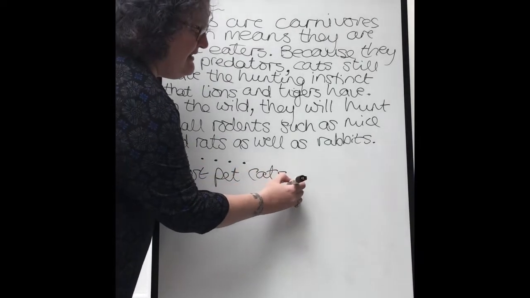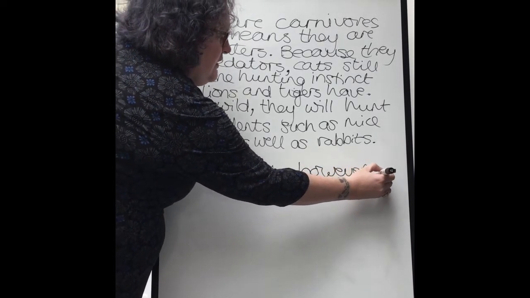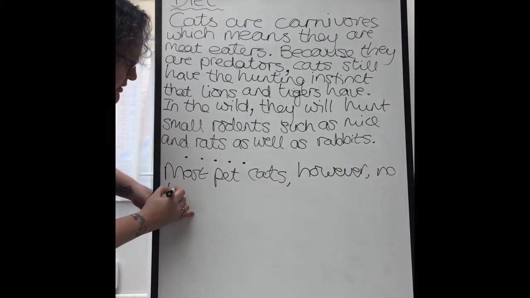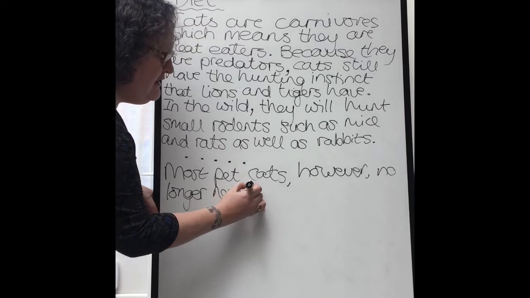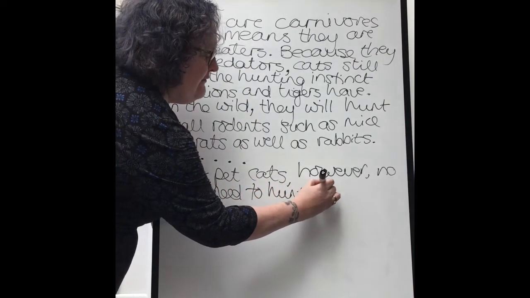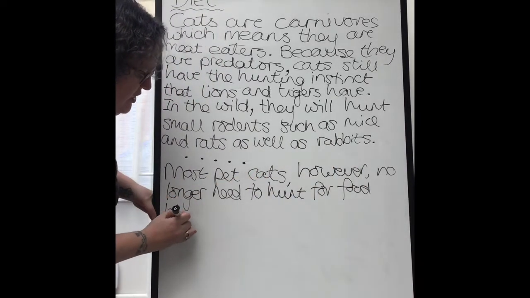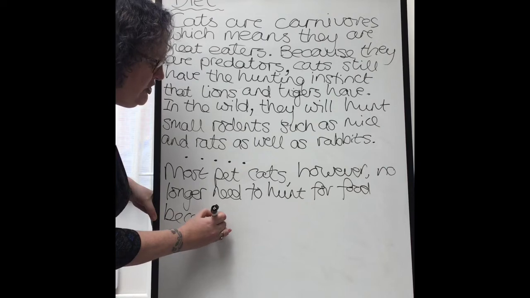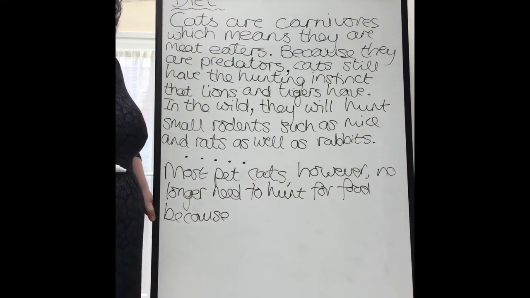Most pet cats, however, no longer need to hunt for food because, so there's my conjunction, because I'm going to go on and I'm going to explain why they no longer need to hunt for food.